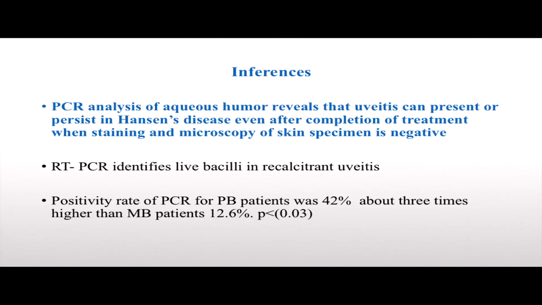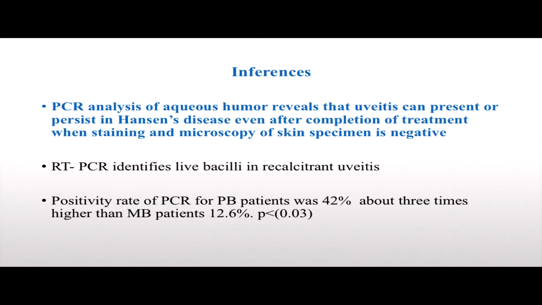So the inferences that we drew were that PCR analysis of aqueous humor reveals that uveitis can present or persist in Hansen's disease even after completion of treatment when staining and microscopy of the skin specimen is negative. Patients have been declared negative and have been taken off systemic management because skin lesions are not positive anymore, but they continue to harbor bacilli in the aqueous humor, giving rise to a chronic low-grade inflammation.